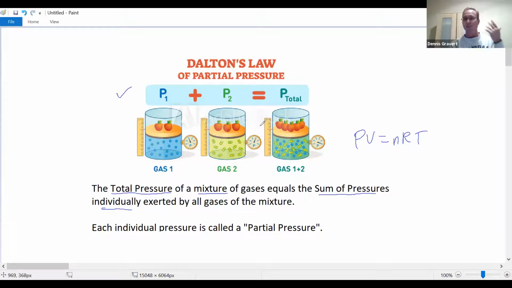And of course, with every new idea comes a new term. If we're talking about a mixture with gas one and two, you talk about what is the pressure due solely to gas number two. The term for that is the partial pressure of gas number two. So a partial pressure is just the pressure of one component of a mixture of gases.